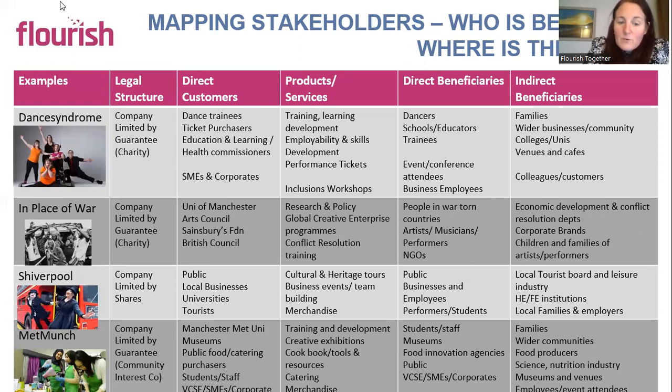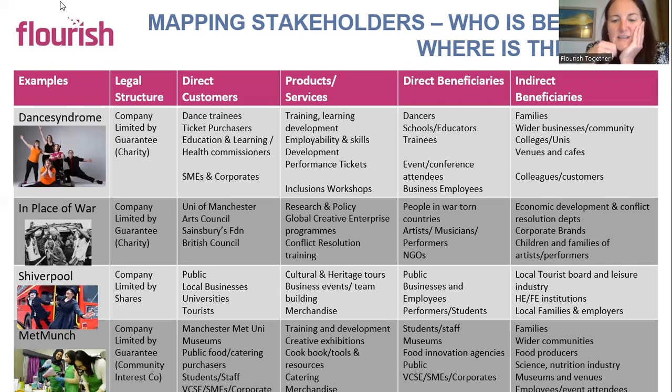Different food, so people are buying their food and catering services, so they're customers, direct customers. Students and staff, and other BCSC organisations, SMEs and corporates are getting involved in events, are buying goods and so on. So the direct customers there.